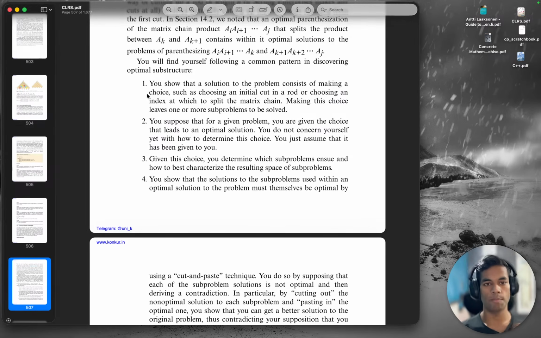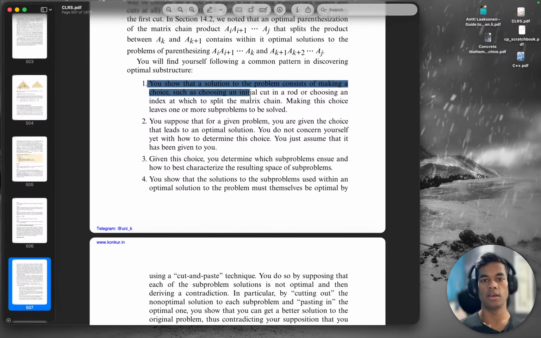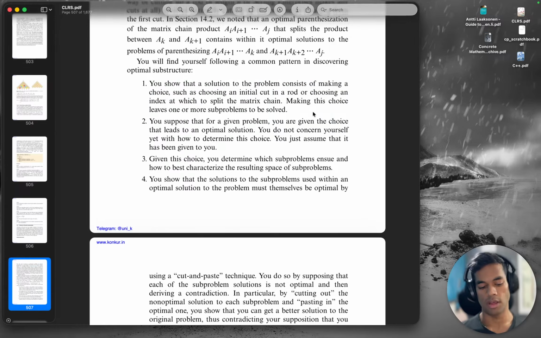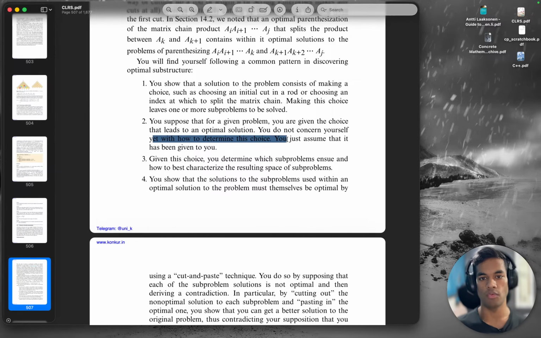We just say, first of all, that there are a number of choices, and when we make those choices, our bigger problem is divided into subproblems. And we suppose that one of those choices results in an optimal solution. But first of all, we do not concern ourselves with determining which choice results in the optimal solution.